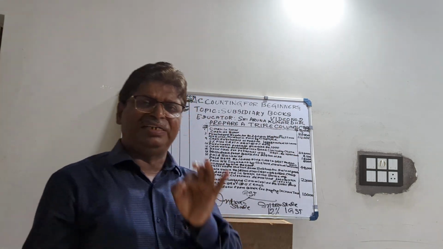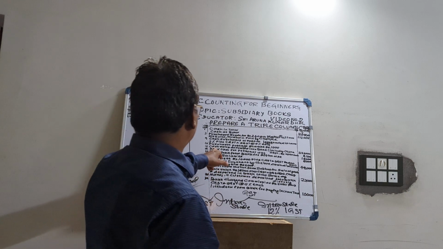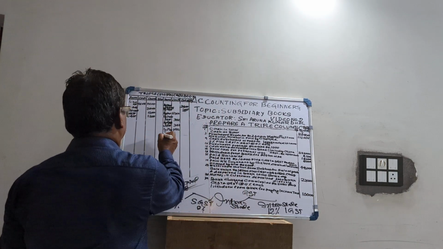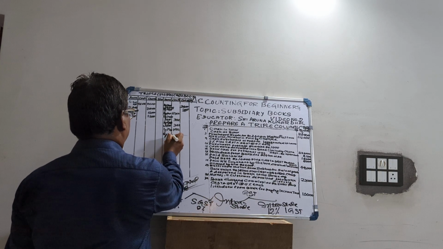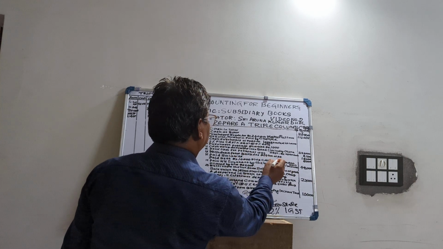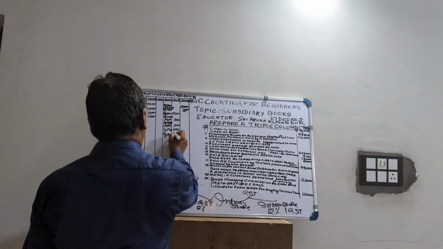Debit form of capital is known as drawing. So drawing account debited, cash credited by drawing. The amount withdrawn for personal use is 8,200.